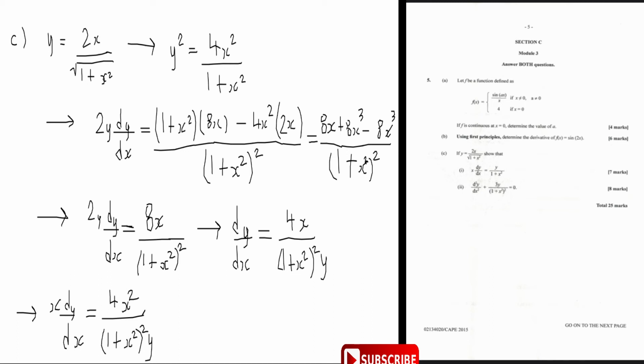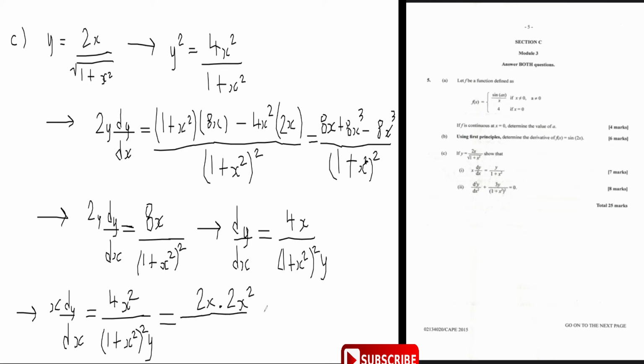But now look at this now. Remember 4x squared, I can break up 4x squared as 2x times 2x. I can break up the numerator as 2x times 2x.